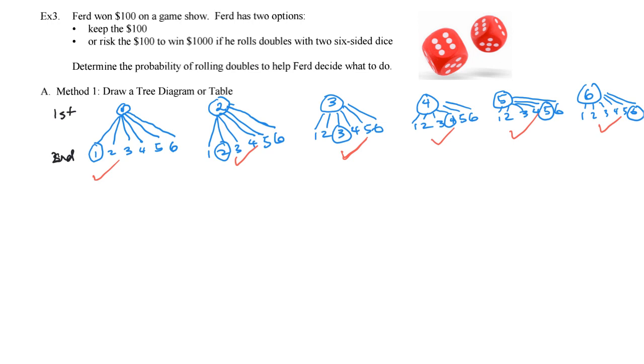Now, based on these nice trees, remember the first row represented what would happen when we had our first die. The second row represented all the possibilities of the second die being rolled, right? So in the first possibility, imagine I got a 1. Then I had all these other possibilities, 1 through 6. And then I circled the matching ones from 1 and 1.